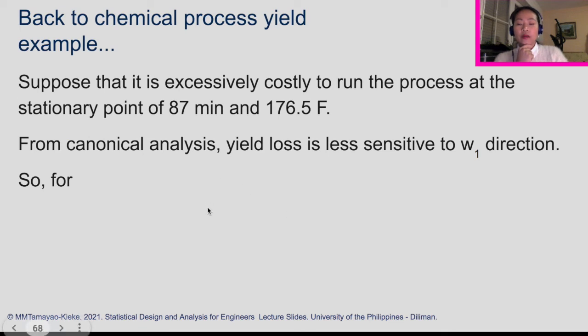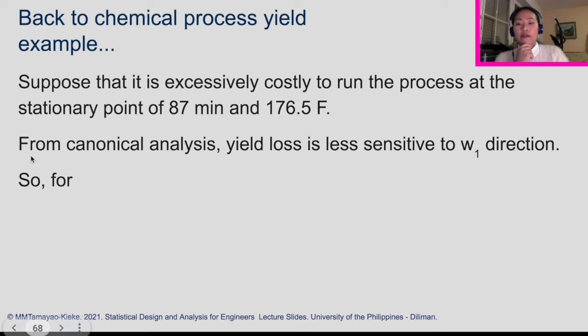Let's illustrate that in an example. Suppose that it is excessively costly to run the process at the stationary point of 87 minutes and 176.5 Fahrenheit. These are the values of x1 and x2 at the stationary point.